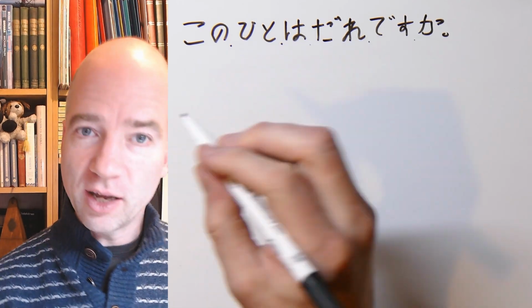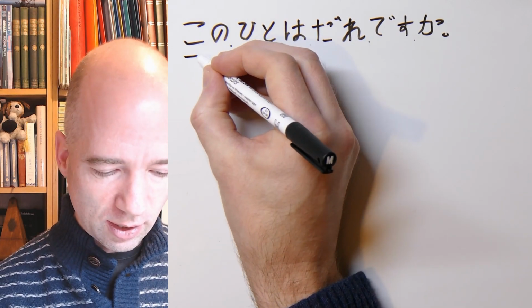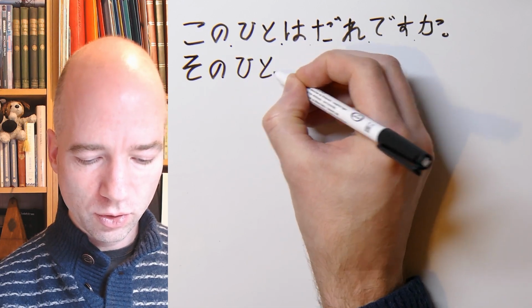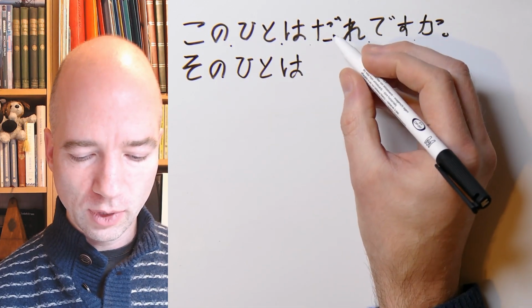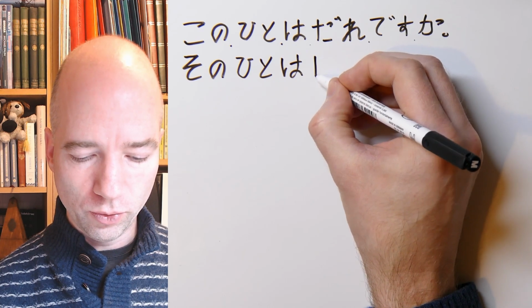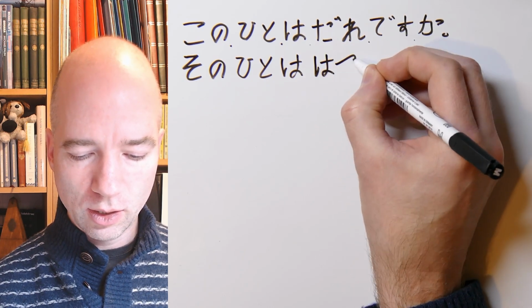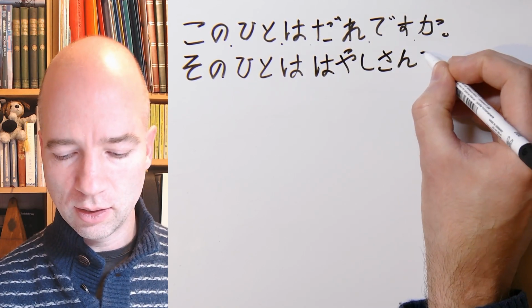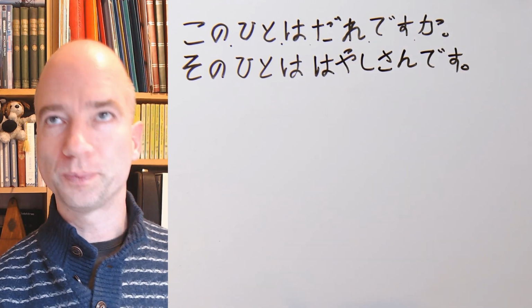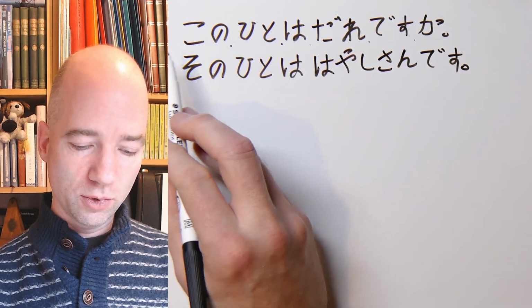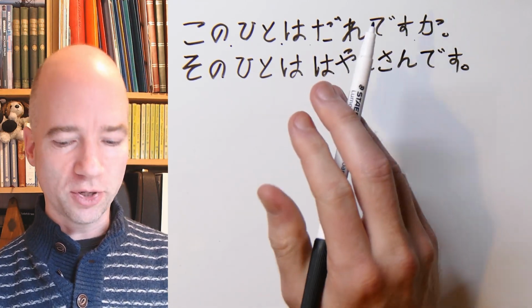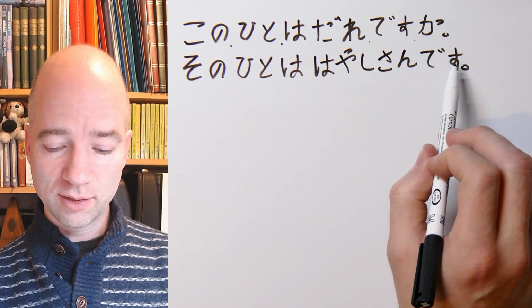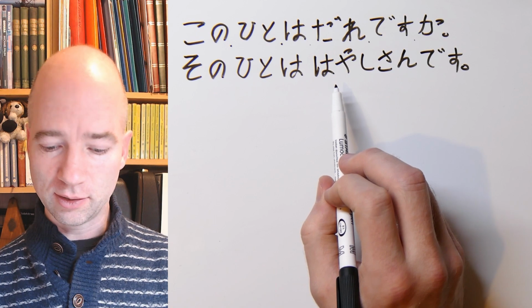So the answer could be, for instance, その人は林さんです。So, この人は誰ですか? Who is this person? その人は that person is Mr. Hayashi.